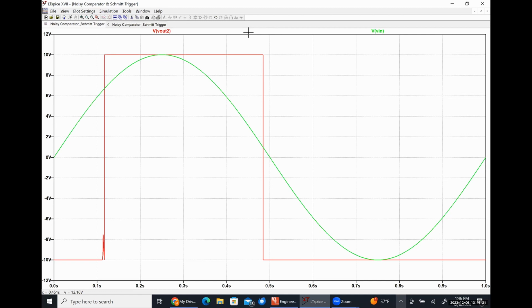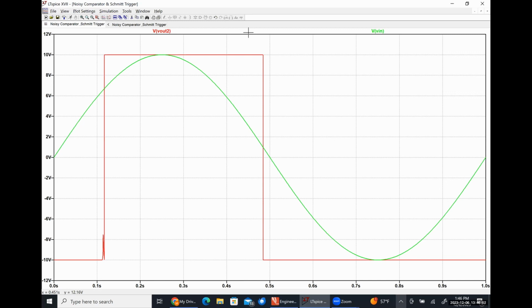So we can see that our output is low until we're somewhere above 6, and then it swings high, and it stays high until we're somewhere around 1, and then it goes low and stays low. It would repeat this over and over again, but I only have this set up to look at one cycle.